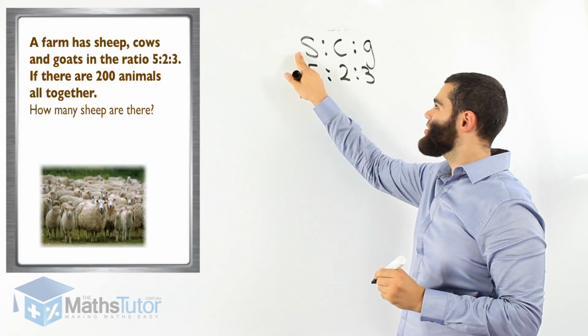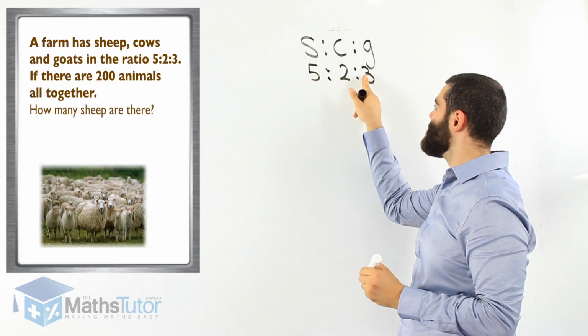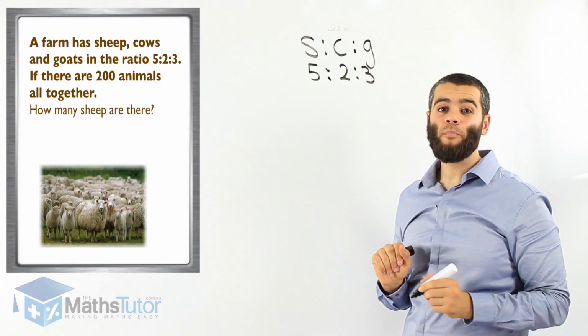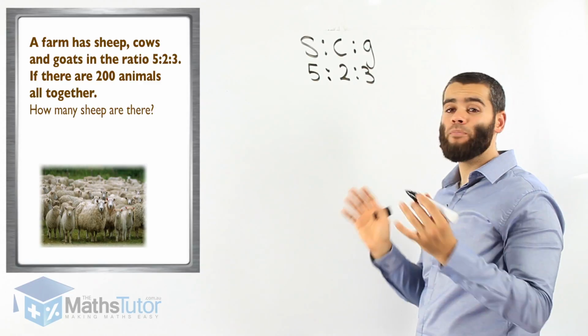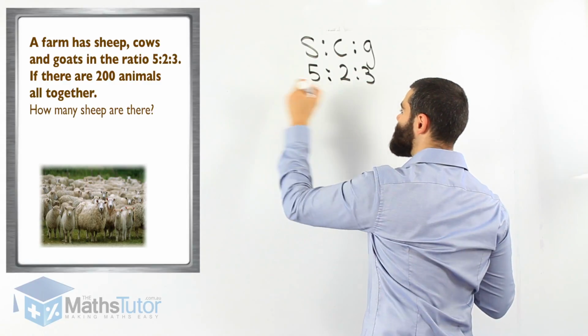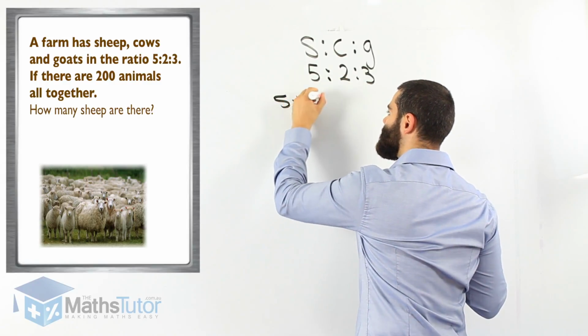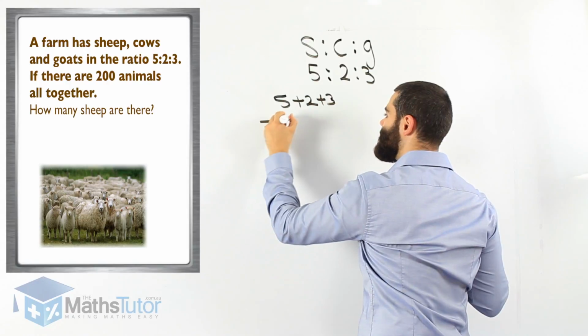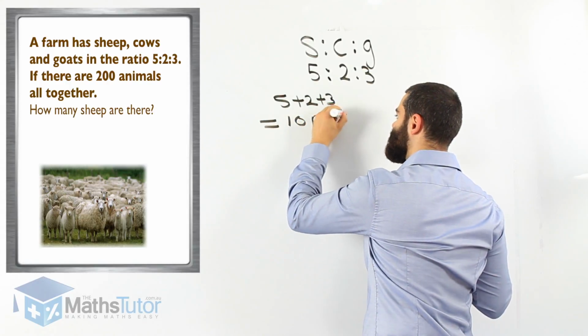So 5 parts are sheep, 2 parts are cows and 3 parts are goats. How many sheep are there? Well, how many parts are there altogether? Altogether we have 5 plus 2 plus 3, which is 10 parts.